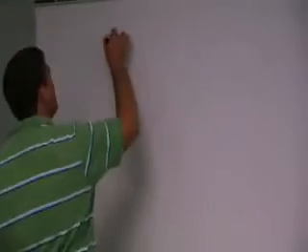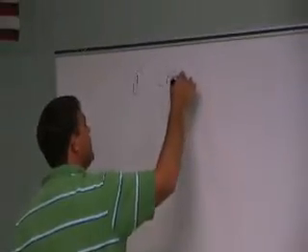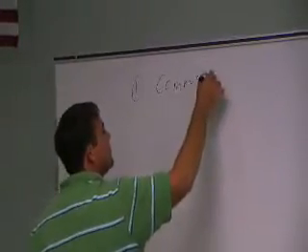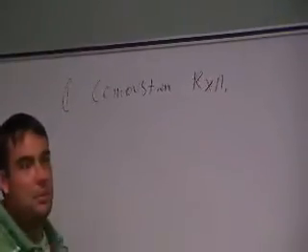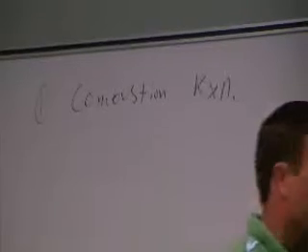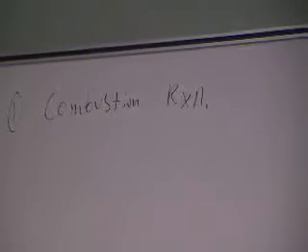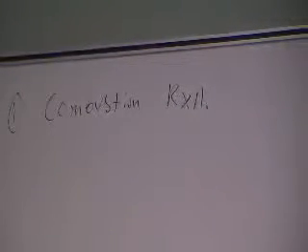The first one, and the easiest one, I suppose, is called a combustion reaction. Combustion means you burn it. Most of the time when you burn something, what do you burn it in the presence of?